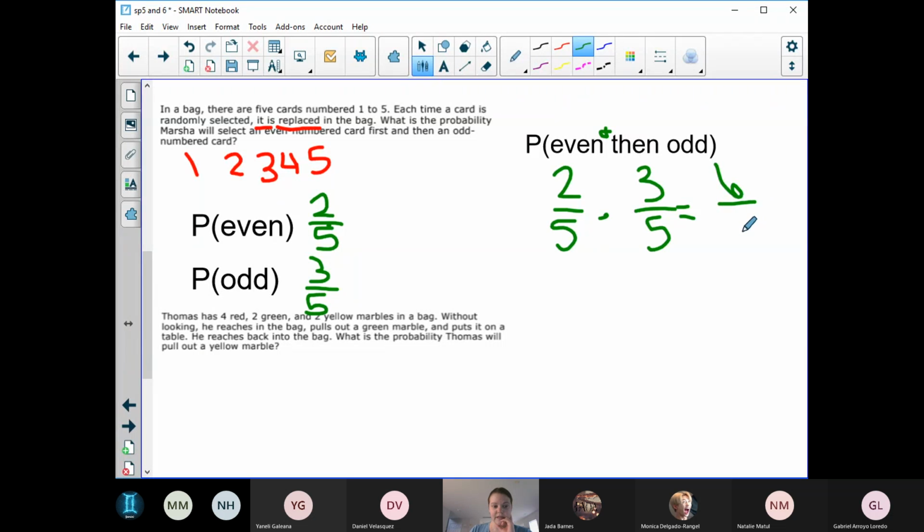And 5 times 5 is 25. So the probability of pulling an even card and then an odd card is 6/25.